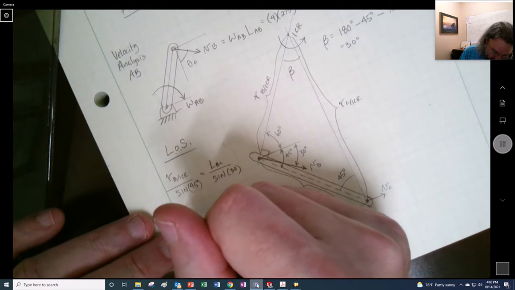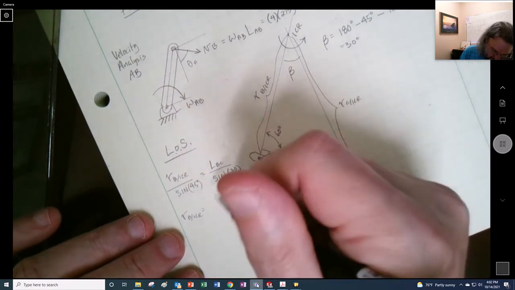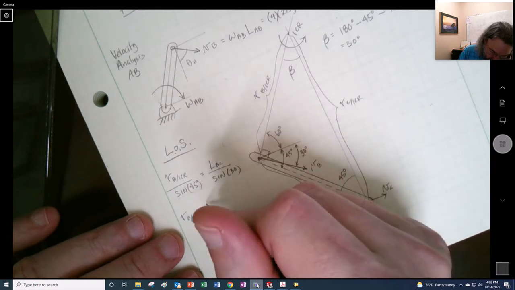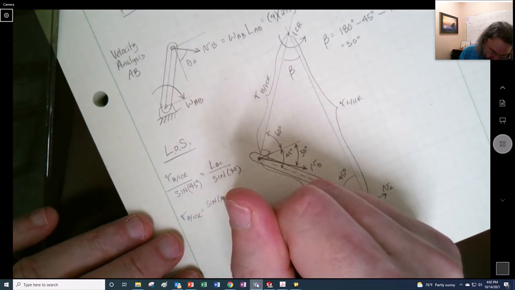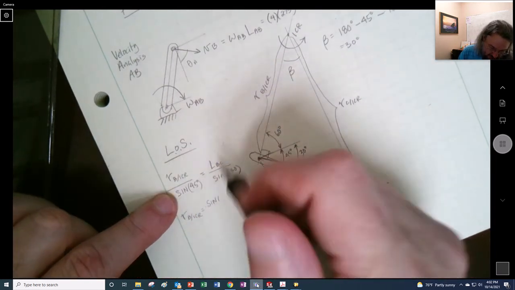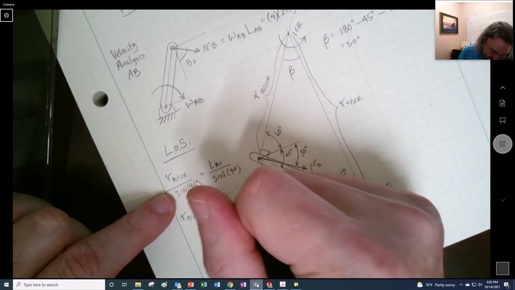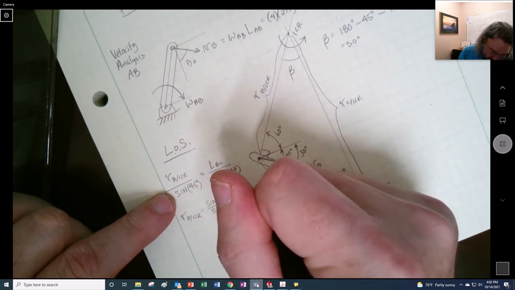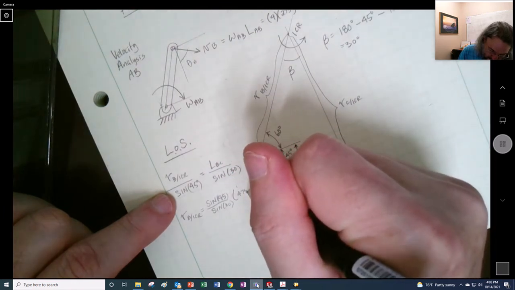So we could find that RB with respect to ICR is going to be equal to sine of 45, sorry. Sine of 45 is going to be multiplied up here. Sine of 45 divided by the sine of 30 times LBC, which is 475.